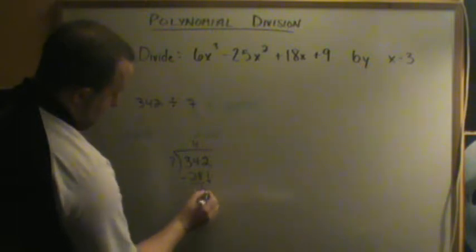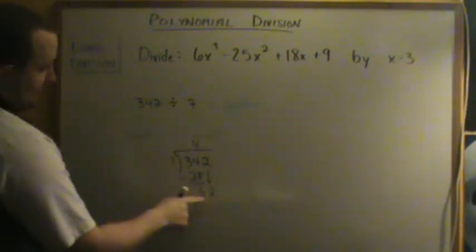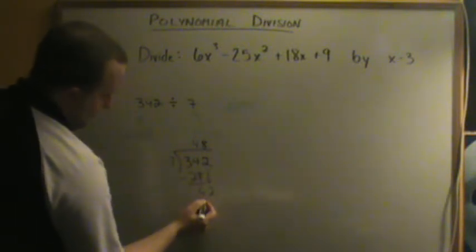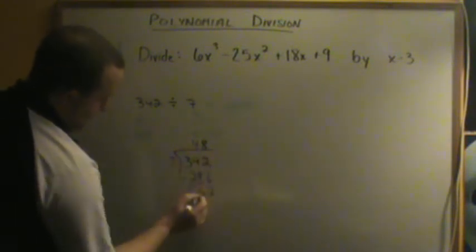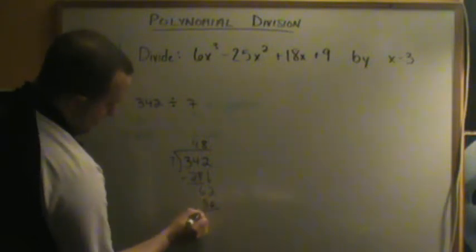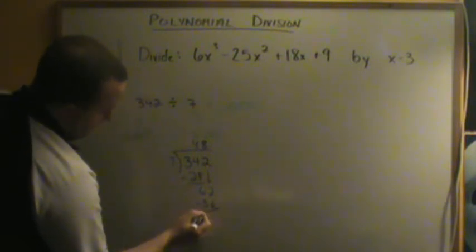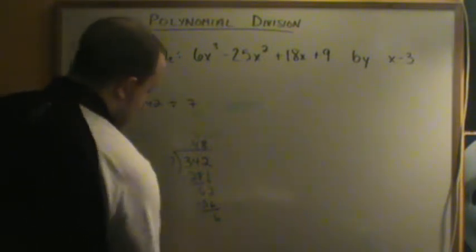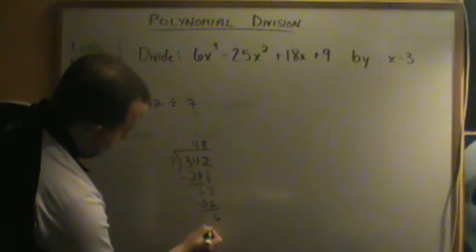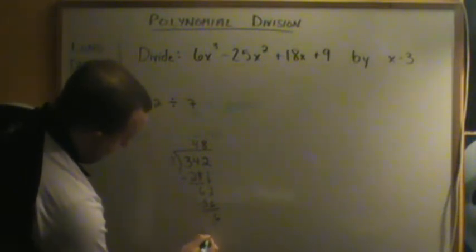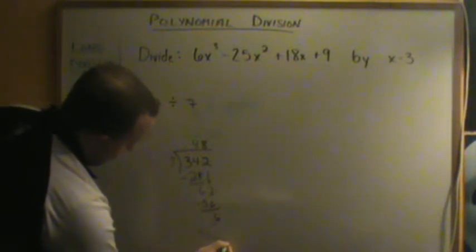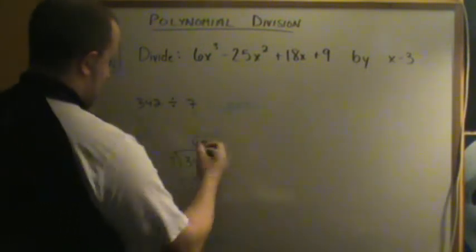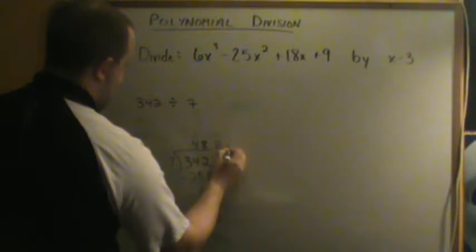Drop the 2, you get 62. 7 goes into 62 8 times, and 7 times 8 is going to be 56. 62 minus 56 is 6. And this right here, the 6, is your remainder. Alright, so your answer would be 48 with a remainder of 6.